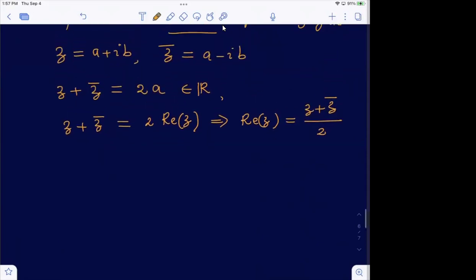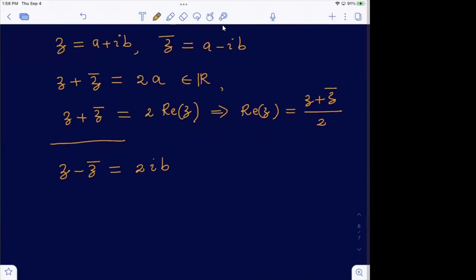Similarly, one can recognize a formula for the imaginary part of z, but it's slightly different. If you consider z minus z bar, you will end up getting the cancellation of the real part, leaving the imaginary part twice, as 2 times ib. The only difference is here we have an additional term of i. But now one can see this is a purely imaginary number.